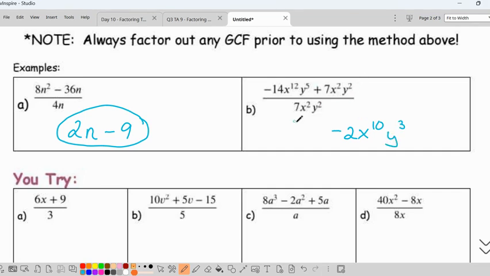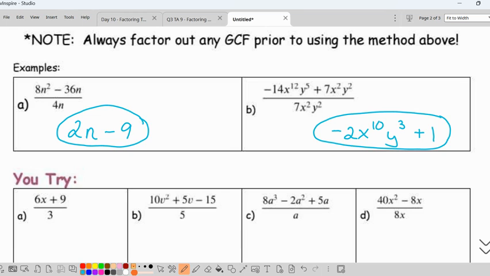And we move on to the second term. It's positive. I need a plus sign. 7 divided by 7 is 1. x squared y squared, they cancel out, and we're left with just 1. So this is our final answer.